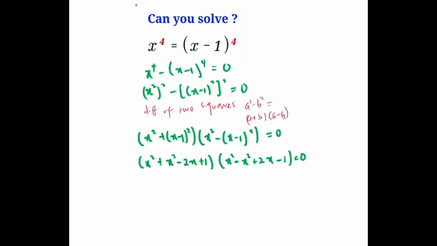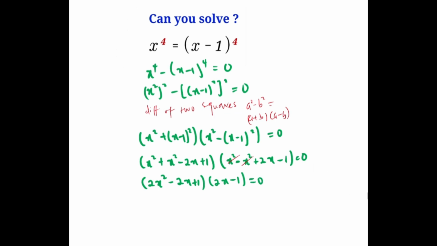So here I'm going to have (2x squared minus 2x plus 1). Here my x squared cancelled out, so I'm going to have (2x minus 1) equals 0.